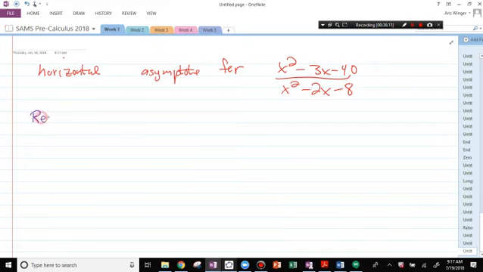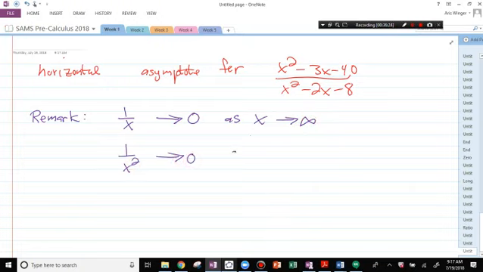So here are some recollections. 1 over x tends to 0 as x tends to infinity, and 1 over x squared tends to 0 as x tends to infinity. And in general, 1 over any positive power of x tends to 0 as x tends to infinity.